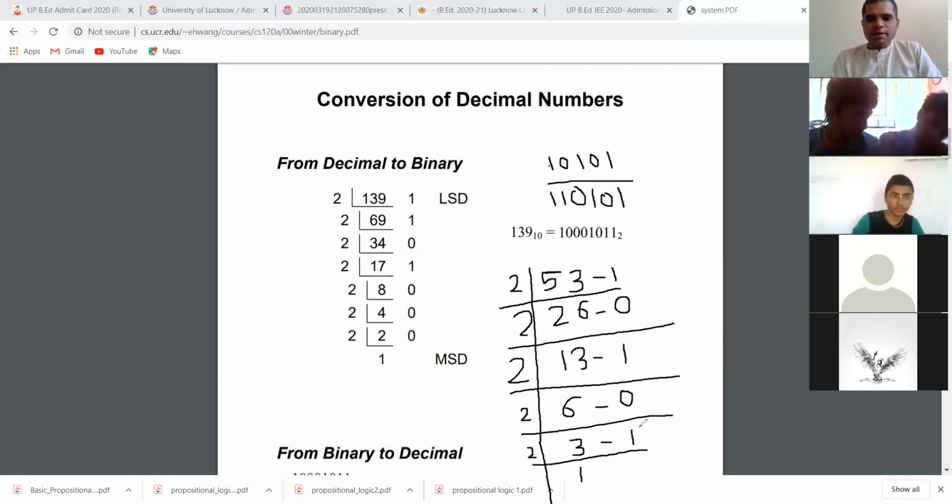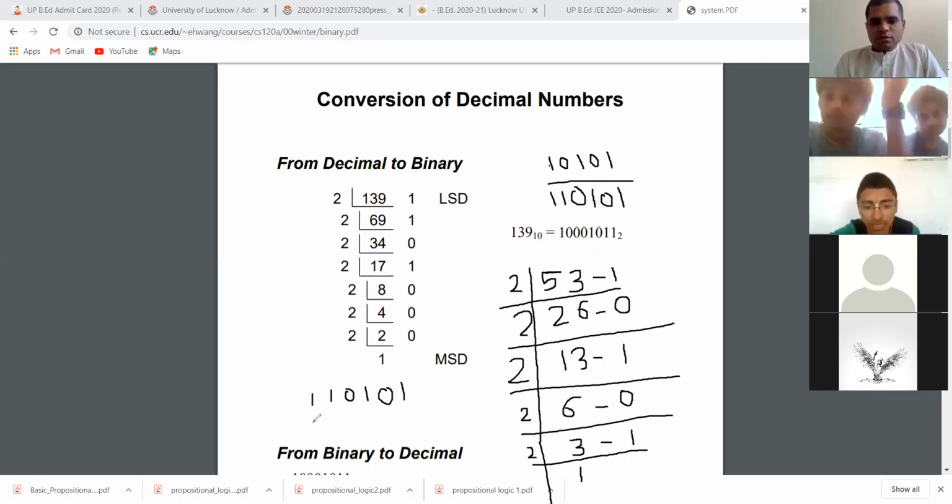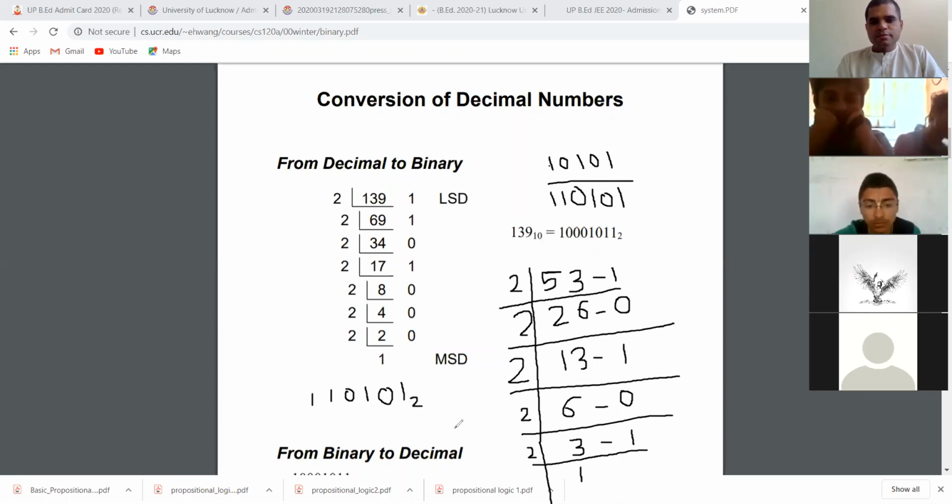So you are getting 110101. Prabhu ji, you did not put the 2? Yes, here you have to write 2. The base is 2. Okay, so by this we understand this is a binary number.